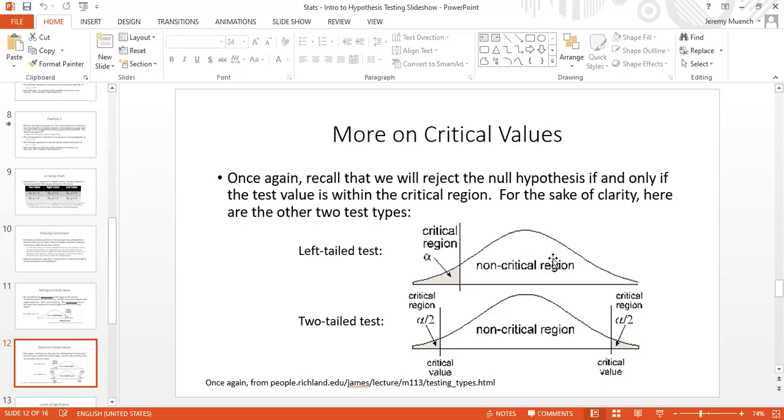Because someone's going to look at you and go, well, yeah, but you just chose that because it's easier. You're effectively getting accused of building your test around the result you want rather than building your result around the test you made. And that's where you don't want to be.